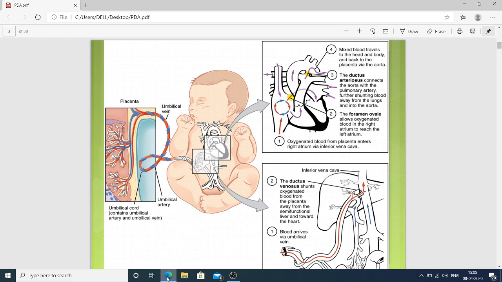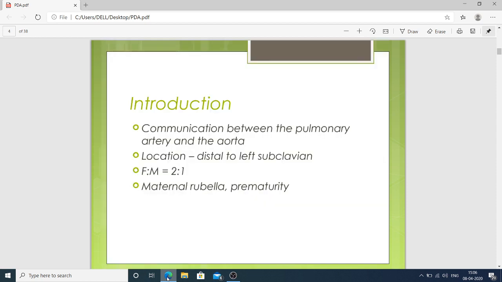If the closure does not occur even by 2 to 3 weeks of age, it is known as patent ductus arteriosus. It helps in systemic circulation in fetal life, but it is abnormal when the baby takes birth.